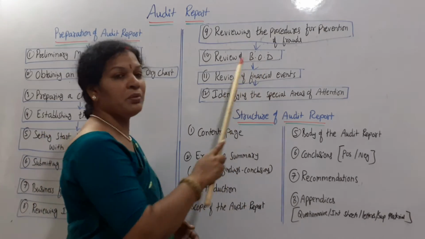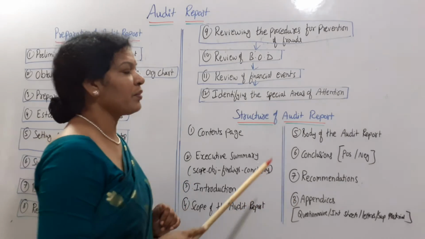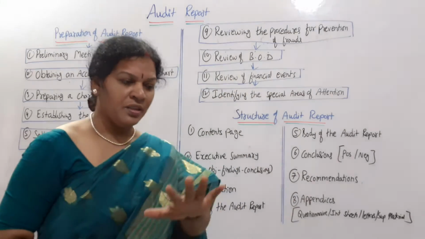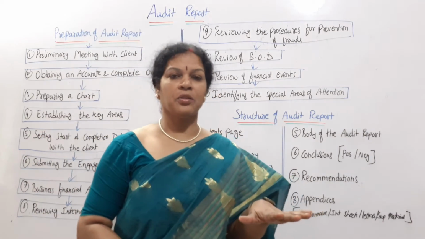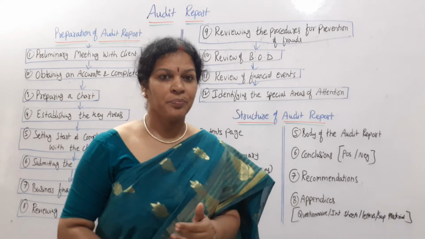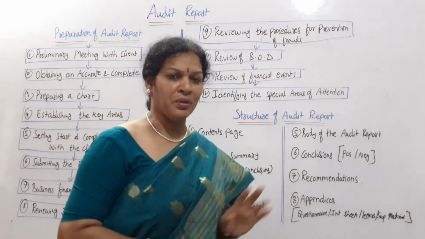He can have this review before preparation. After the review, he can go for the review of financial events, the entire events related to the accounts, so that he can review them before preparation. The meeting is over, now review once again.